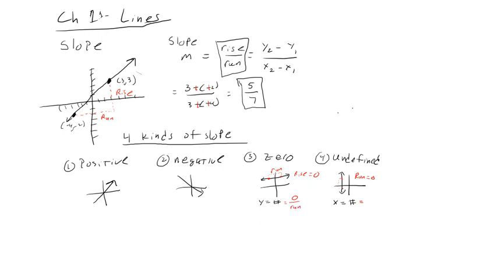This will be rise over your 0 for your run. So in a 0 slope, your rise is 0, and in an undefined slope, your run is 0. That 0 on the bottom of the fraction means this is an undefined number. Can't do that.